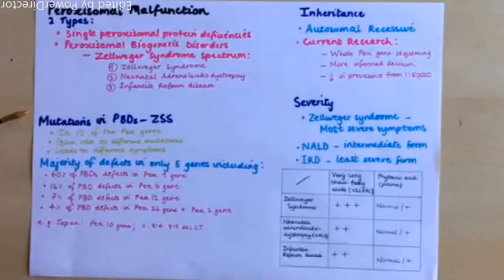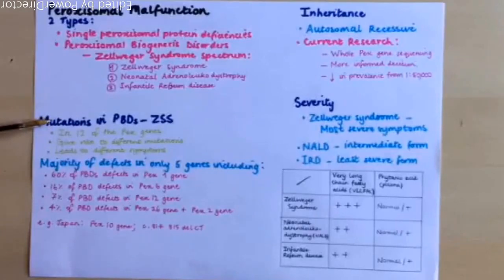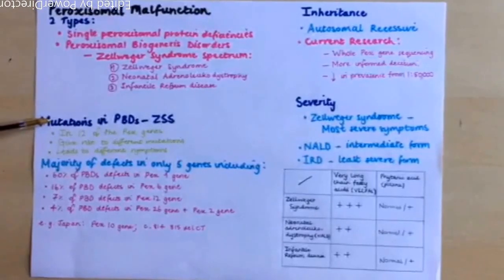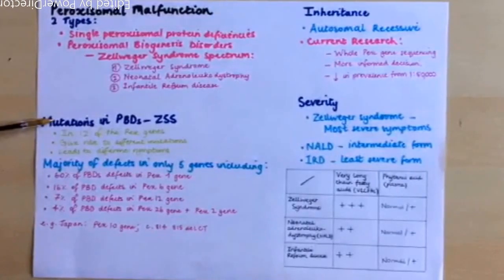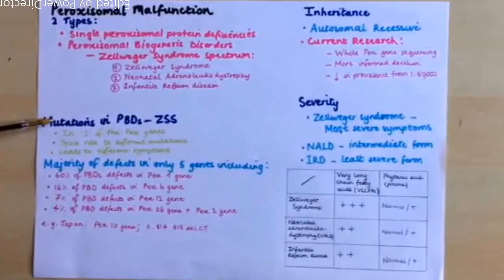It has been identified that mutations can occur within 12 of the PEX genes associated with the peroxisome, and this results in a slight variety of symptoms experienced in the patient, as specific mutations will result in different symptoms. To date, hundreds of mutations affecting the PEX genes have been discovered, but the specific combination of mutations that occur in the PEX genes of an individual are largely unique.